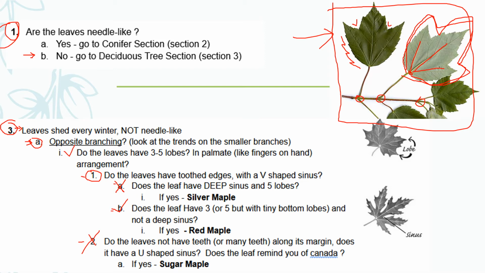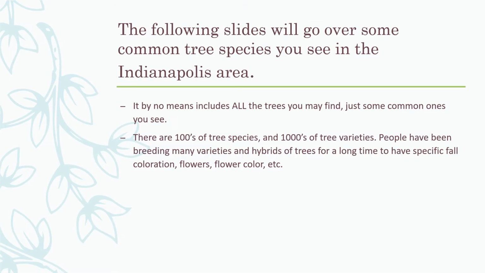Therefore, the tree that we're looking at and the sample of leaves that we're looking at is a red maple, okay? If it was a silver maple, it would look like this guy with very deep lobes and 5 lobes. There we go.